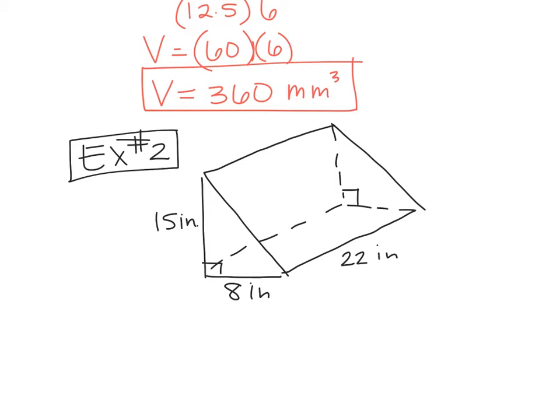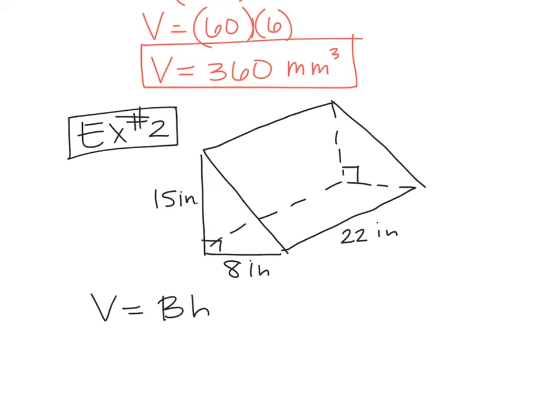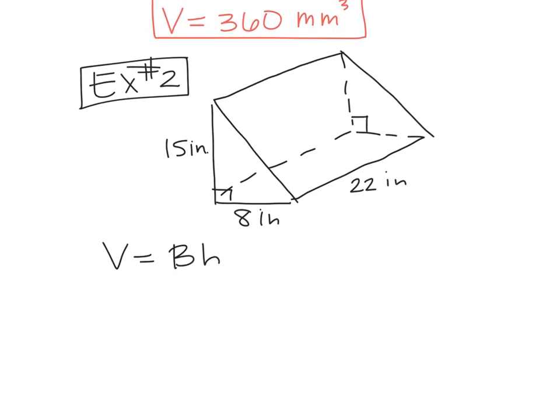So if we're going to do the volume equals the area of the base times the height, what is the area of your base right now? 15 times 8. What else? Times a half, or divided by 2, right? So it's a triangle, so you have to do 1/2 base times height.